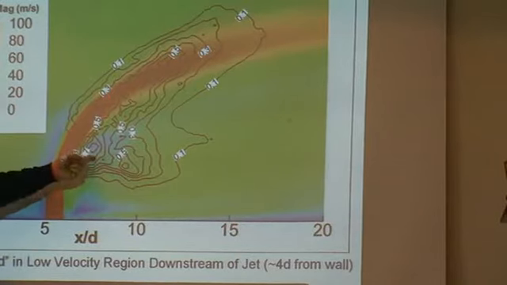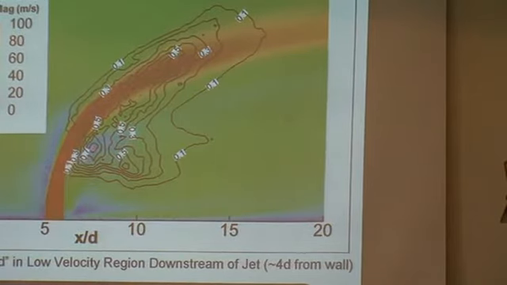So where better place to anchor a flame? And you see the lines are the heat release. So the maximum average heat release is co-located with this low velocity region. As part of this parametric study that we did for many other non-reactive configurations, we are trying to avoid flame holding.